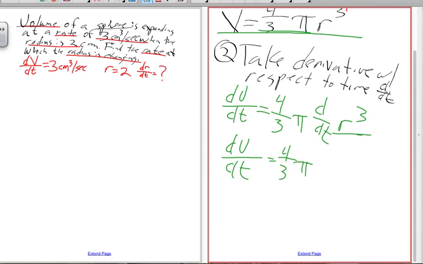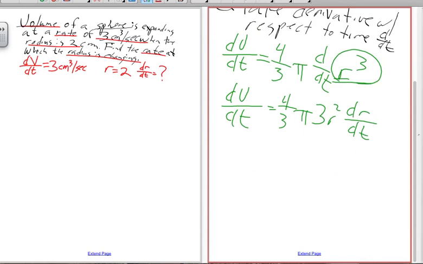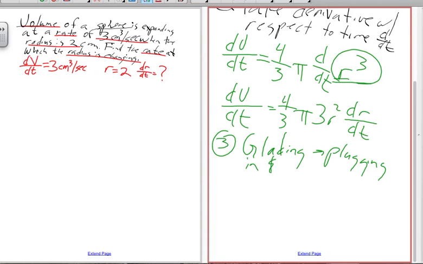Now I take the derivative of r cubed, which is 3r squared, times the derivative of the inside part, which is dr/dt. So there's my equation with derivatives. And then the third part is grading, which is plugging in and solving for your unknown. So there was our only calculus step right there.